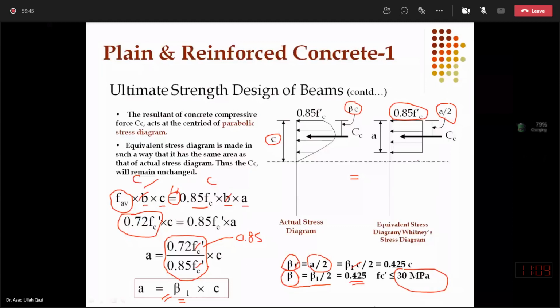So I may say here that it is actually 0.425 into neutral axis depth, and over here A, if I put A up to 30 megapascal, A is actually 0.85.